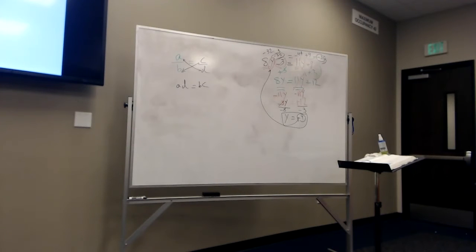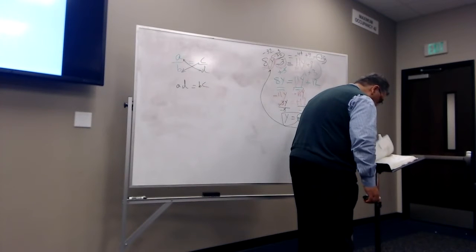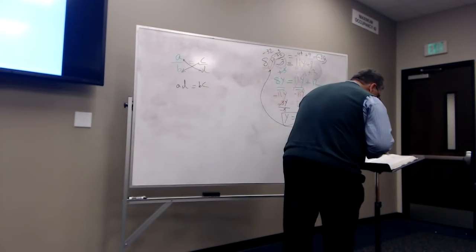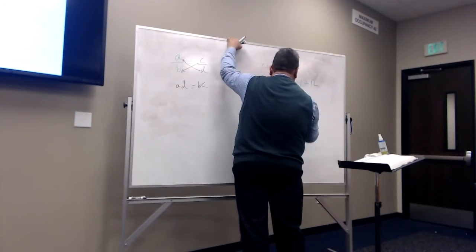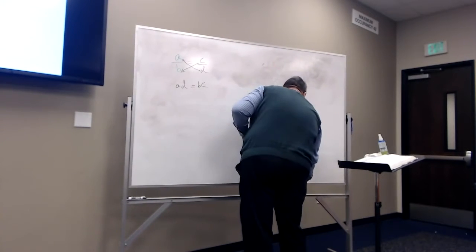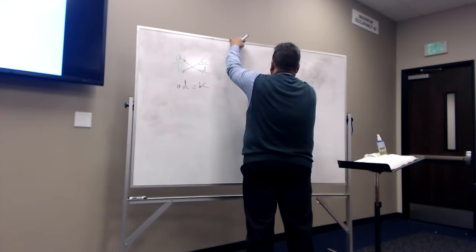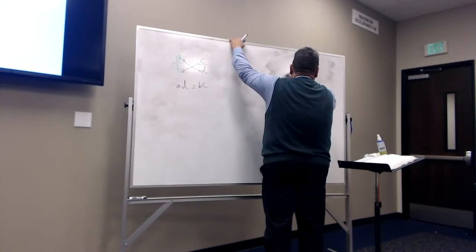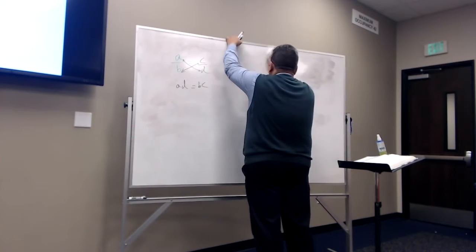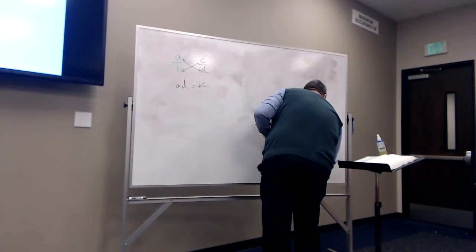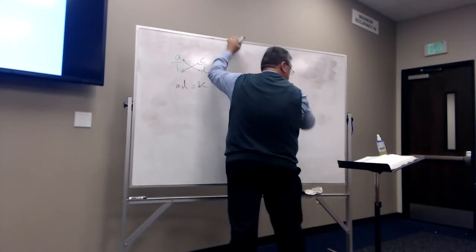Let's look at example 7, page 325. 63 over x equal to 7 over 5.